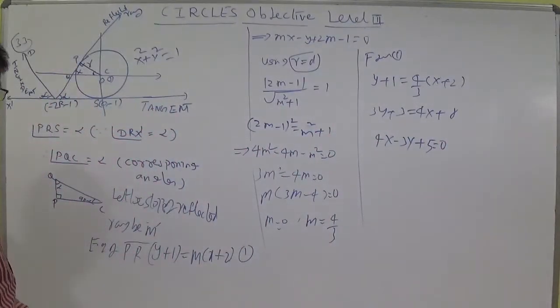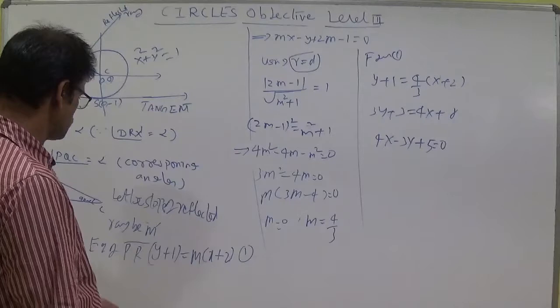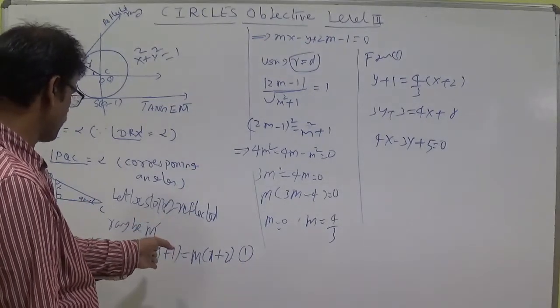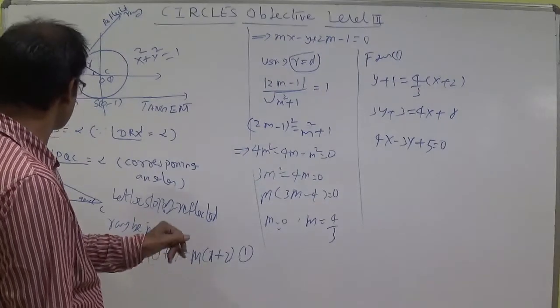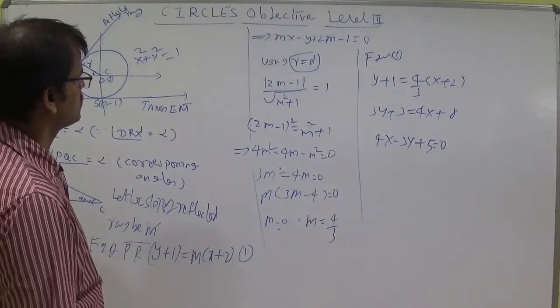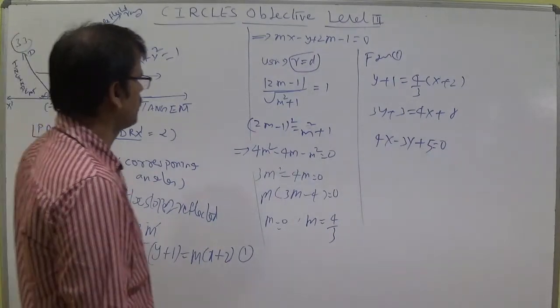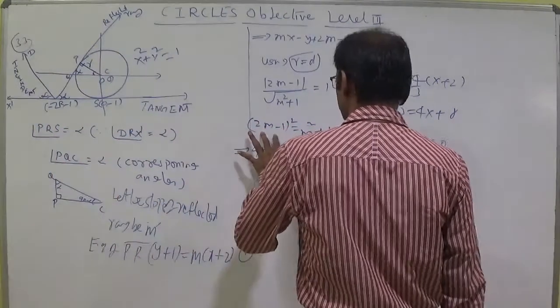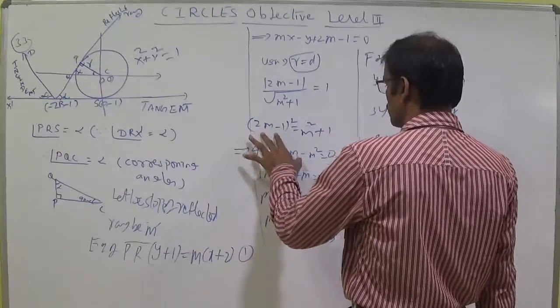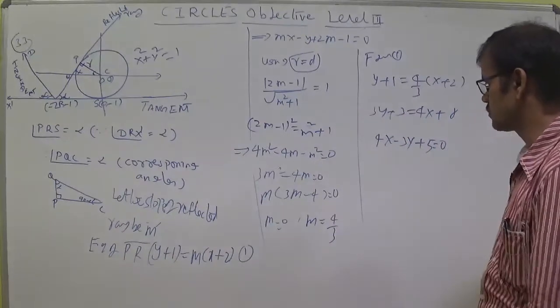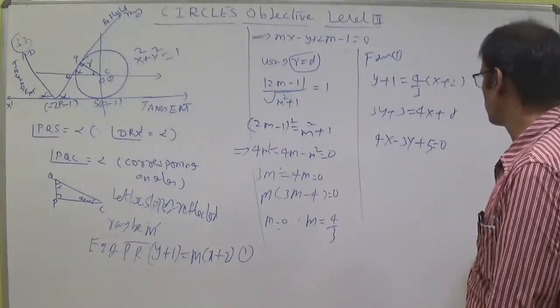Y plus 1 is equal to m into x plus 2, giving mx minus y plus 2m minus 1 exactly. So 2m minus 1 by root of m square plus 1 is equal to 1. 2m minus 1 whole square is equal to m square plus 1. 4m square minus 4m plus 1, the 1 gets cancelled. M square taken this side: 3m square minus 4m, m taken common.